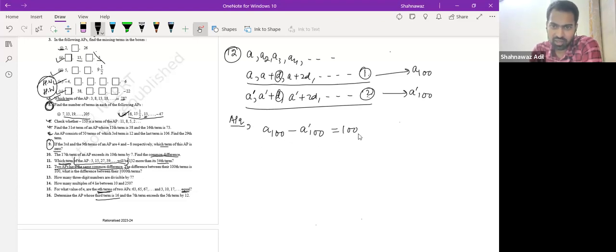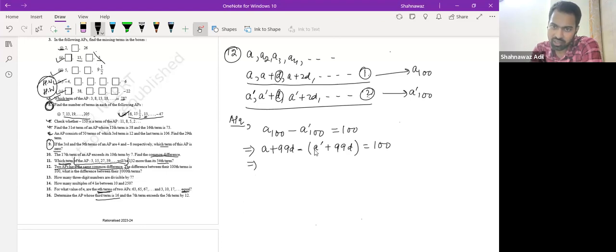Now we can write the values, right? So A plus 99D minus, then bracket, A prime plus 99D, right, because the common difference is the same. So this is 100.